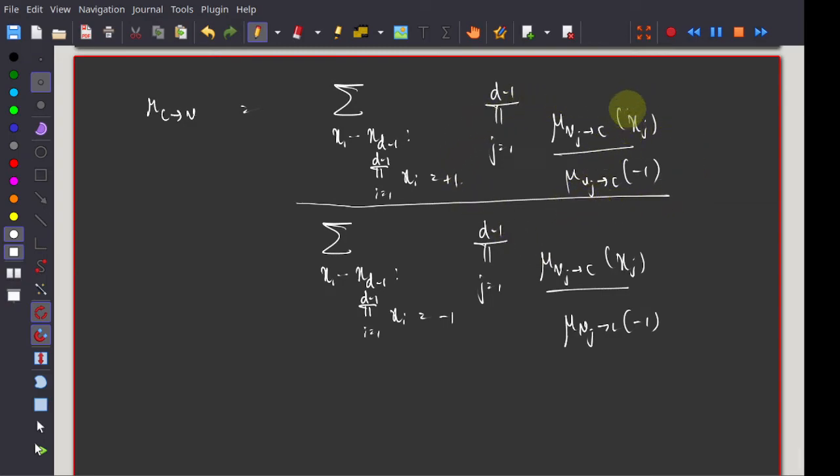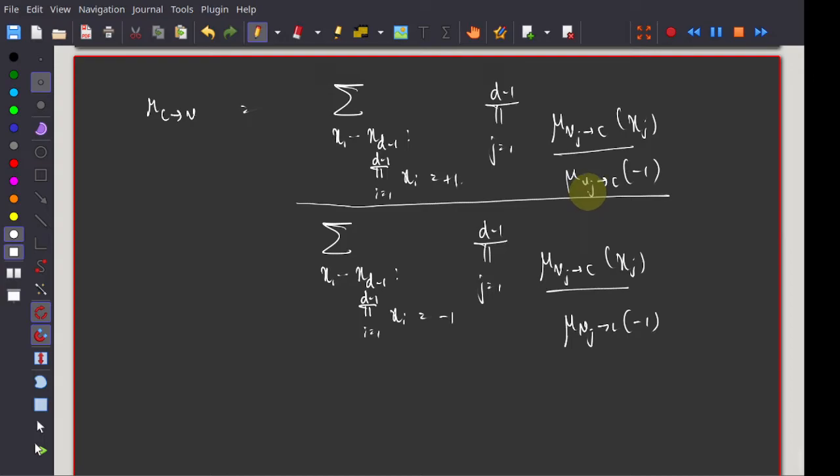When x_j is equal to plus 1, this is exactly equal to R_{Vj to C}. When x_j is equal to minus 1, this particular quantity is what?